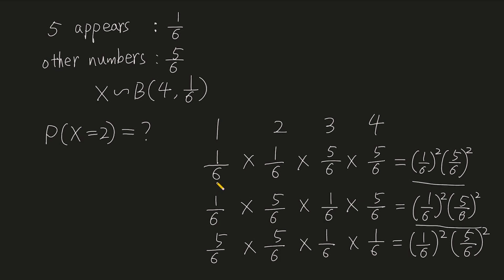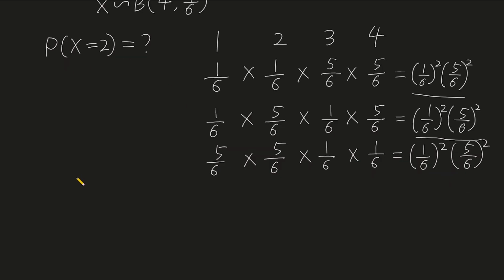Now, if we can find the count of all the cases, then this calculation would be simple. In fact, we can choose 2 experiments from the 4 experiments, and we let number 5 appear in the 2 experiments we choose, and let other numbers appear in the other 2 experiments. Recall the knowledge of combination. There are C(4,2) ways to choose 2 experiments from 4 experiments.